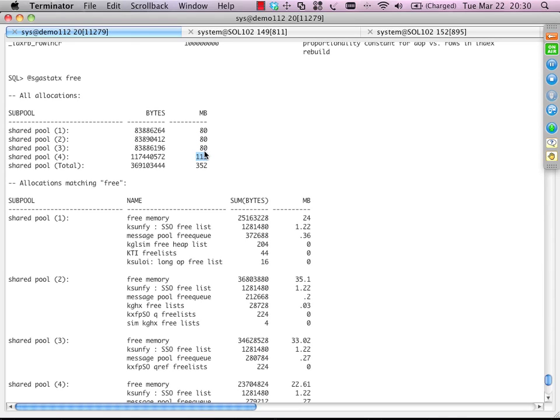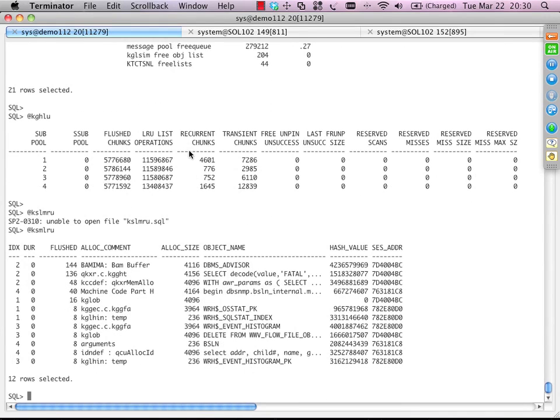So either you should try to make your shared pool smaller and then bigger again, or just bigger. If you have shared pool problems, then you probably don't want to make it smaller anyway, at least not during critical production time, because when you make it smaller, a lot of things have to be flushed out, which makes the whole parsing and CPU usage and shared pool latch contention cycle much worse. All right.